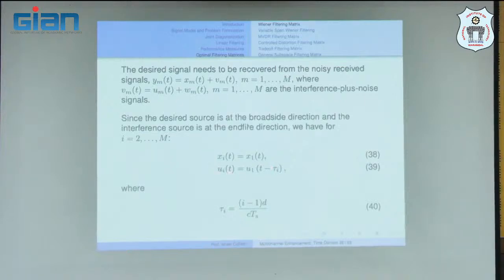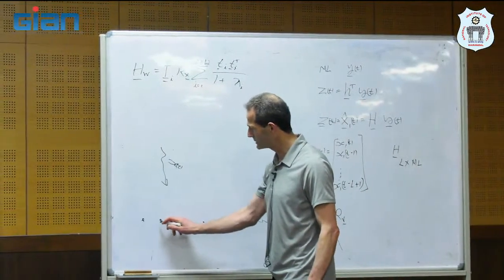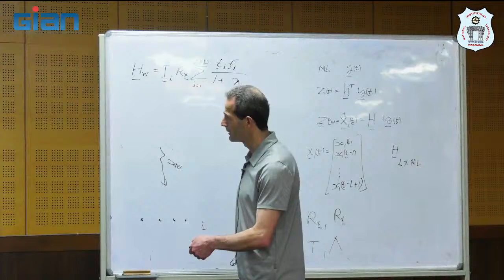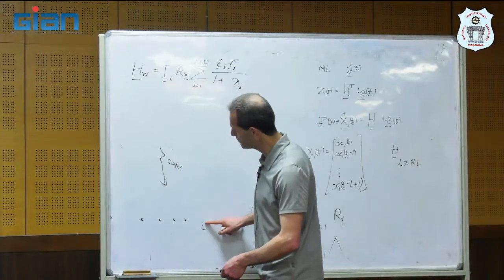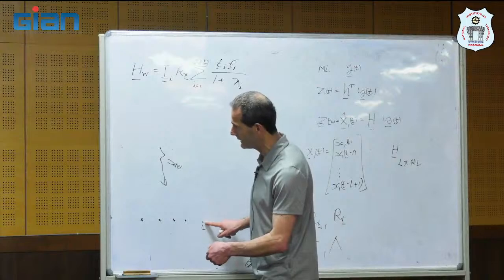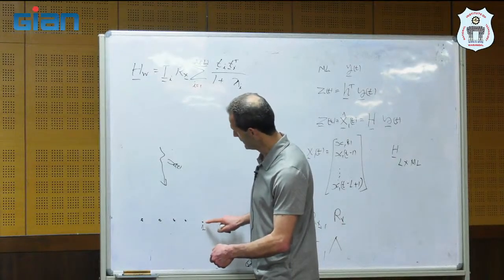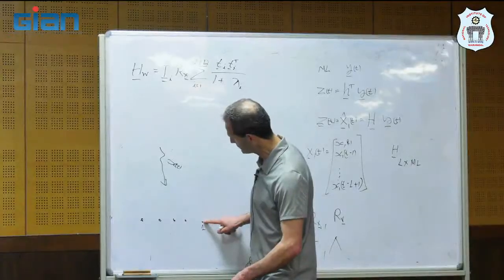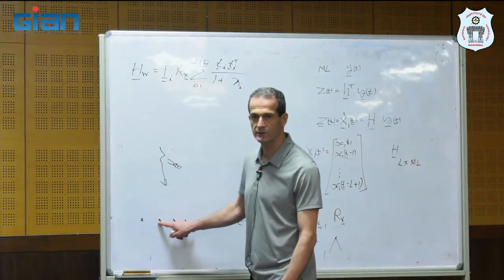So you see, this is the relation of sample t in sensor number i compared to sample t minus tau i in the reference sensor, sensor number 1. This tau i is the time that it takes to propagate from the first sensor to sensor number i.